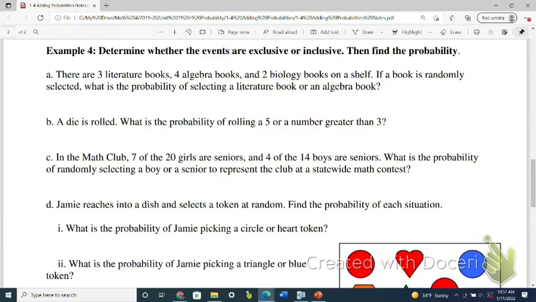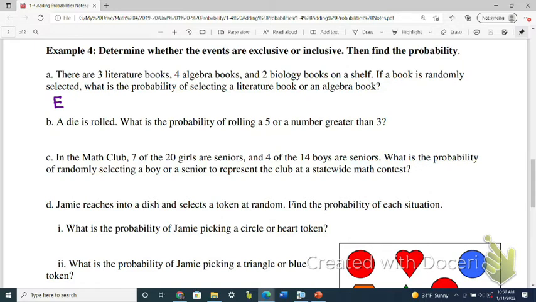So 4A says there are 3 literature books, 4 algebra books, 2 biology books on a shelf. If a book is randomly selected, what is the probability of selecting a literature or an algebra book? So the first thing I ask myself is, can it be both a literature and an algebra book? It cannot. So these are exclusive.